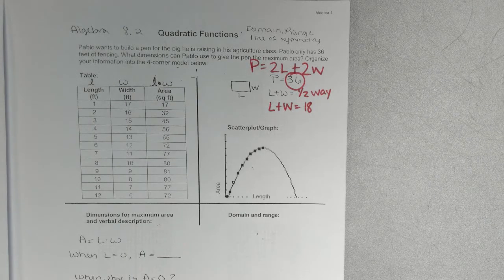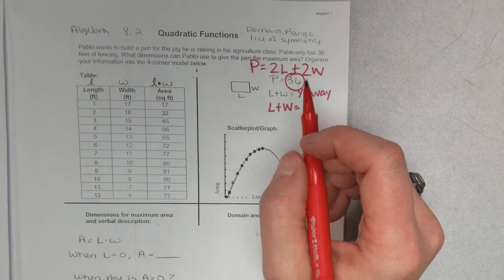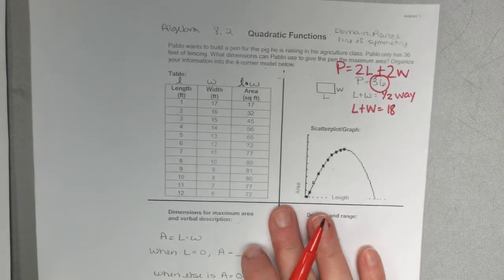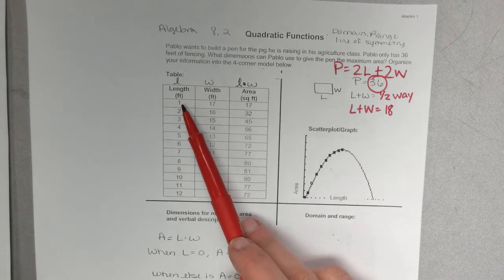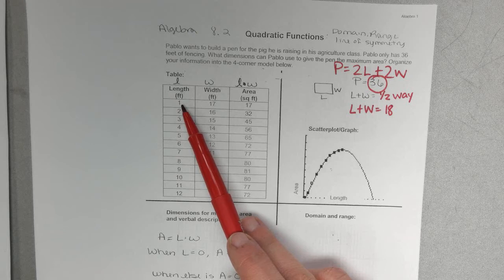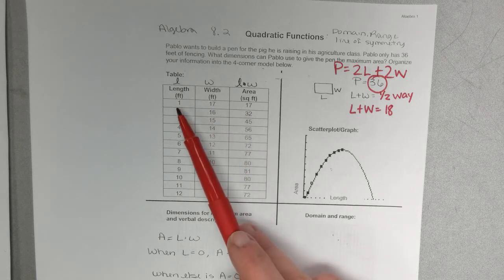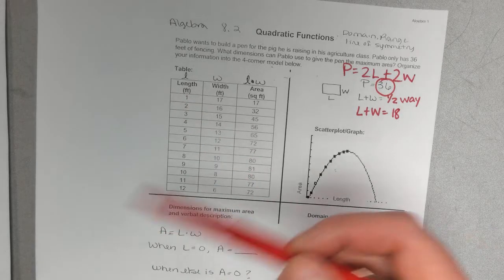Okay? So let's go ahead and look over here at this table. The table says L and W, length and width. This is kind of like your X and your Y's.